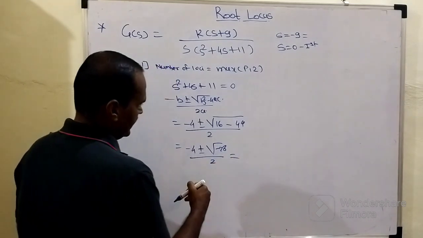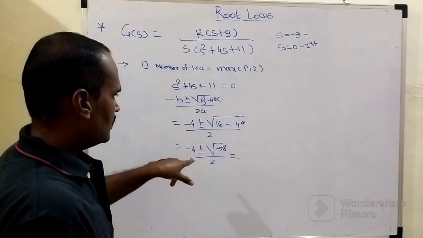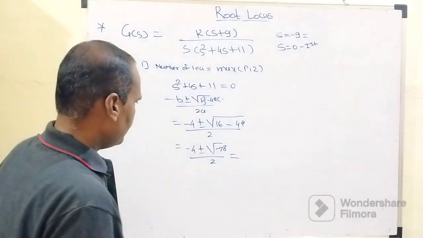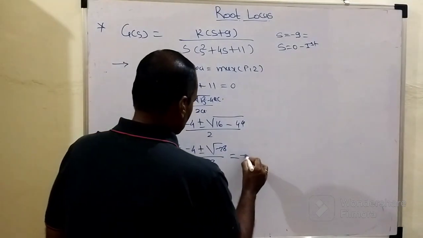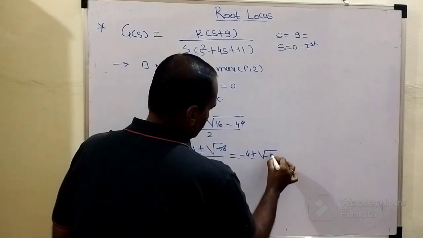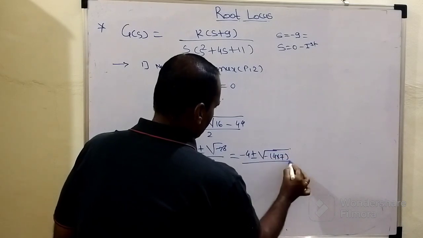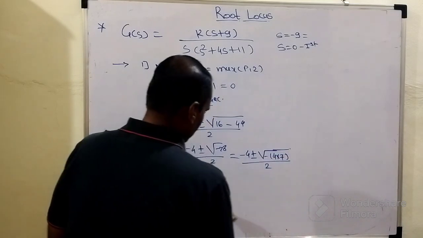This term can be rearranged. 28 means 4 sevens are 28, so we can write it in this manner: minus 4 plus minus square root of minus 4 into 7, which equals 28, divided by 2.